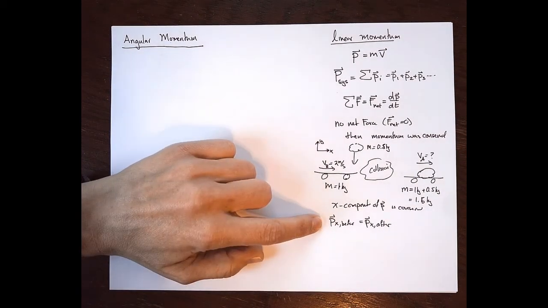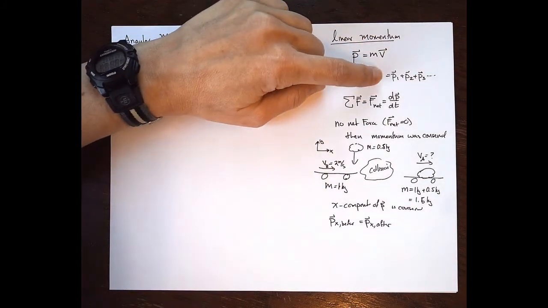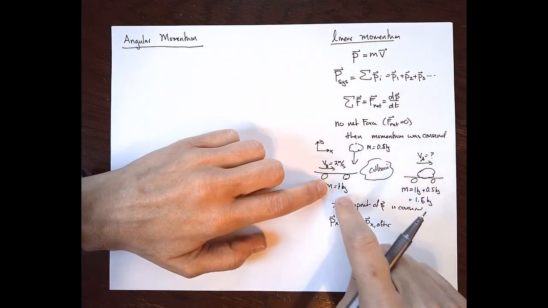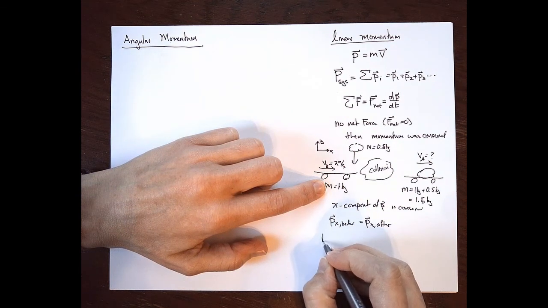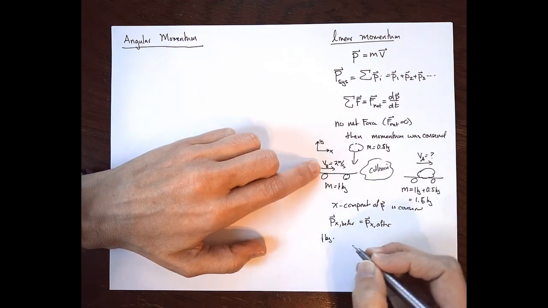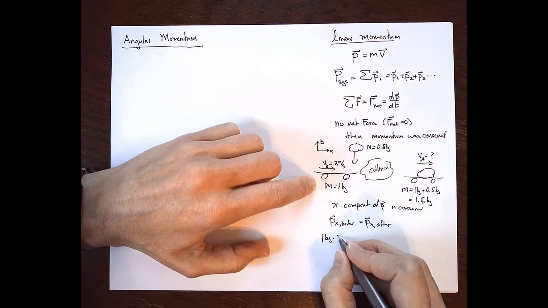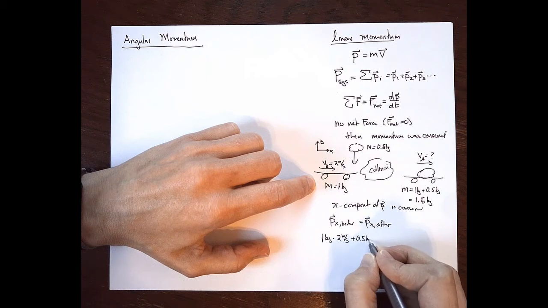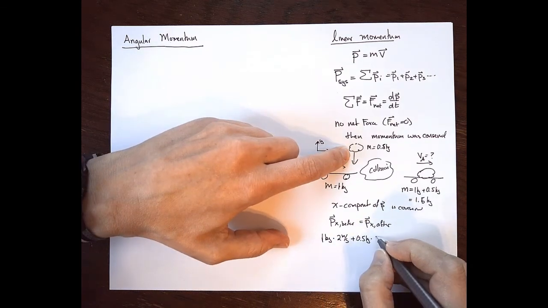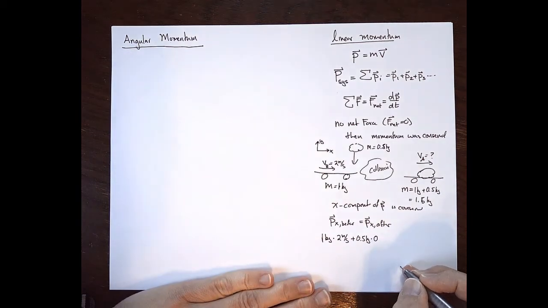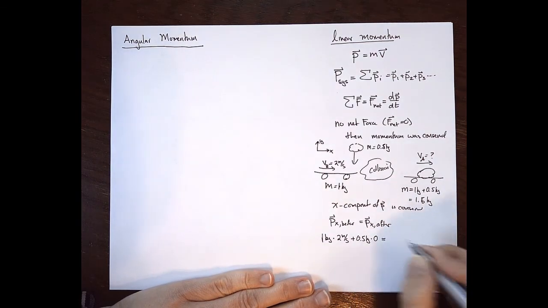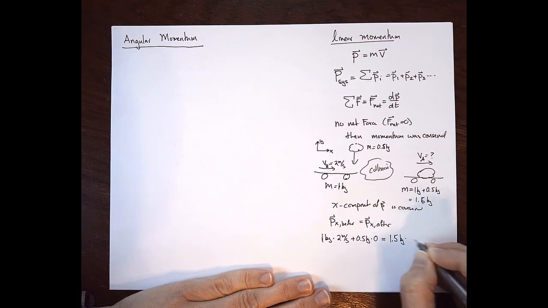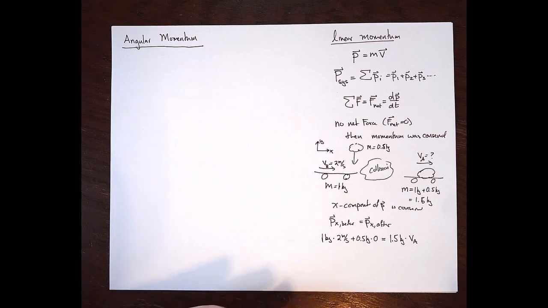And the x piece of the momentum before the collision is going to be the x piece of each individual object. So for the skateboard, that'll be the mass of the skateboard, that 1 kilogram, times its x velocity, which is all of its velocity, the 2 meters per second, plus the mass of the blob of clay times its x velocity, which is 0 because it's only traveling in y. And that has to be the x component of the momentum afterwards. So it'll be the mass of the total object times the velocity of the total object afterwards.